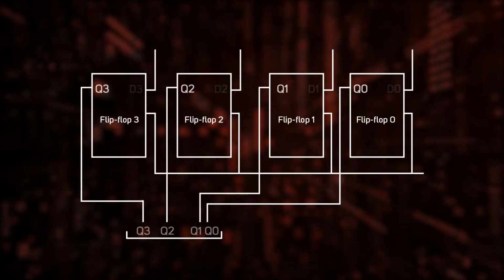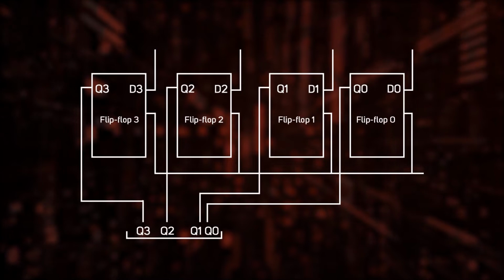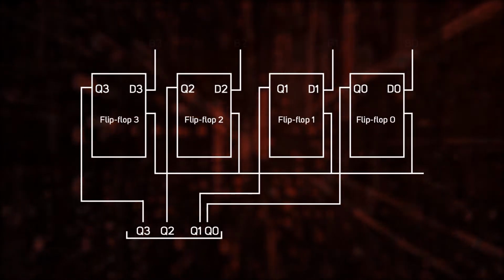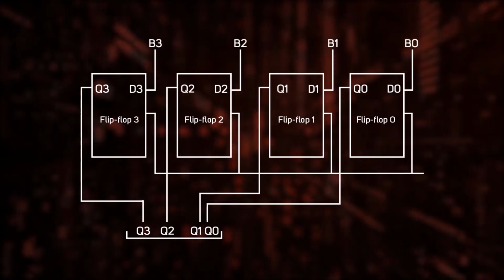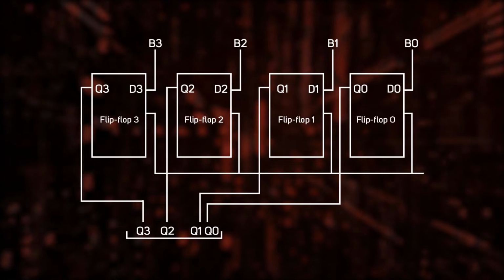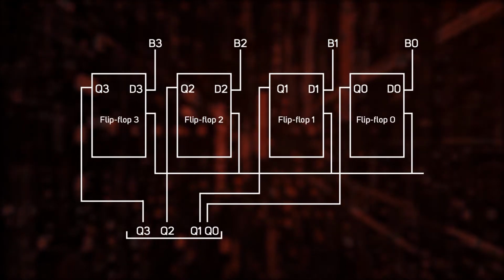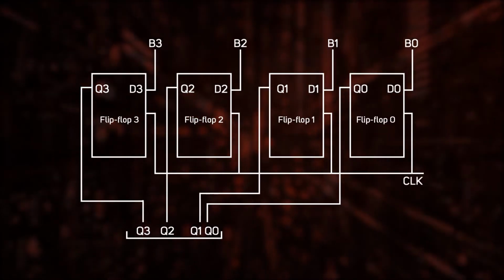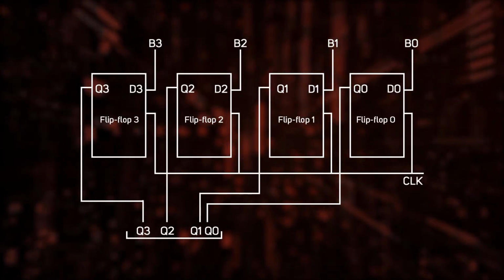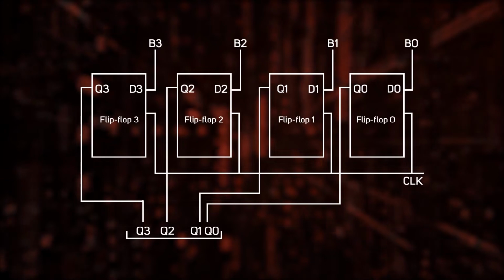Here you can see 4 D flip-flops. Each one has an external input, the 4 binary values B0 to B3. They are fed into the register through these flip-flops. Note that all the flip-flops are controlled by the same clock pulse CLK. Having the same clock pulse will enable all the flip-flops to be triggered at the same time.